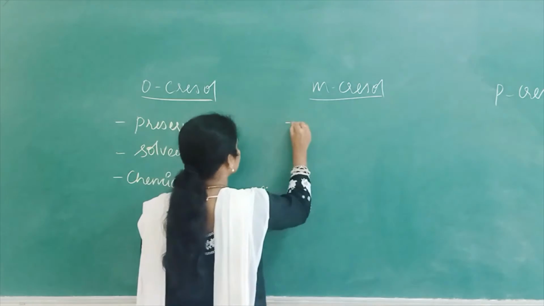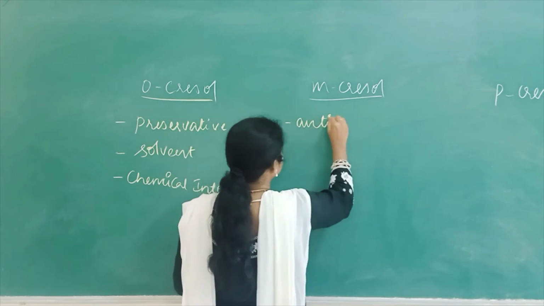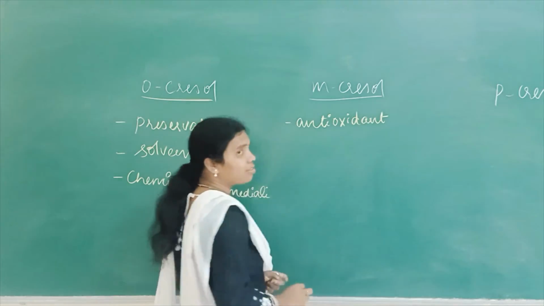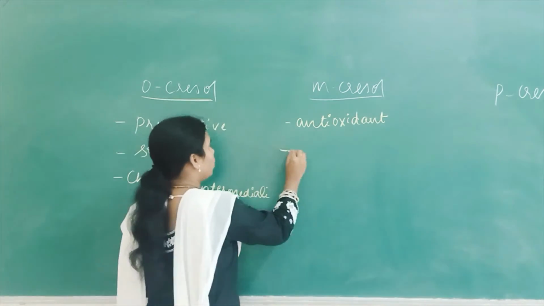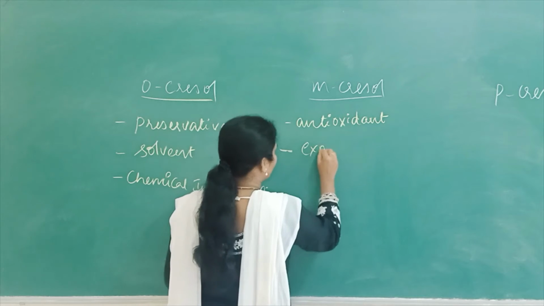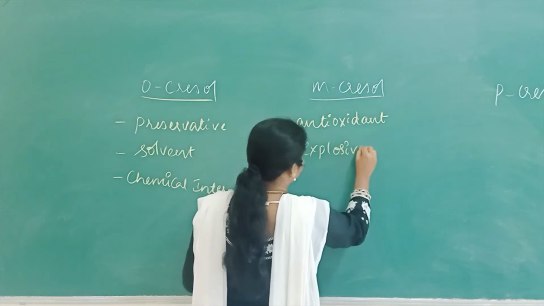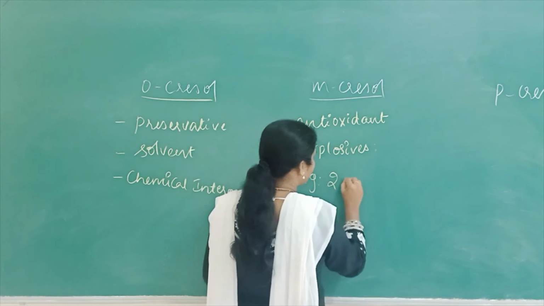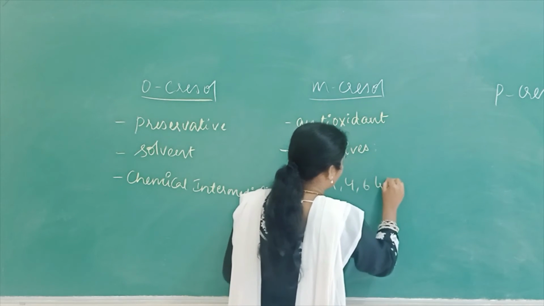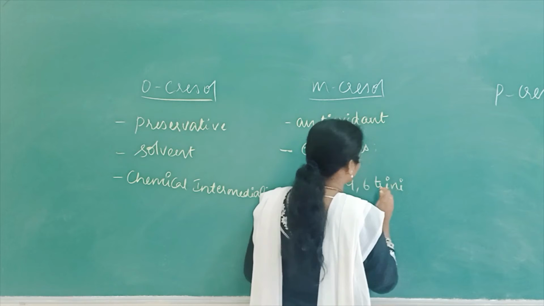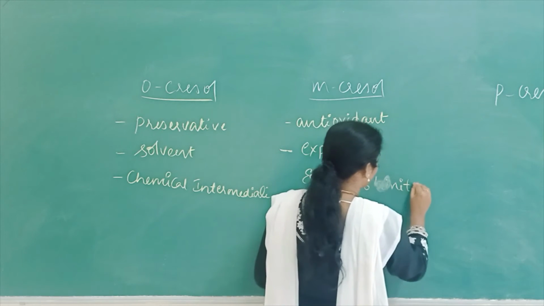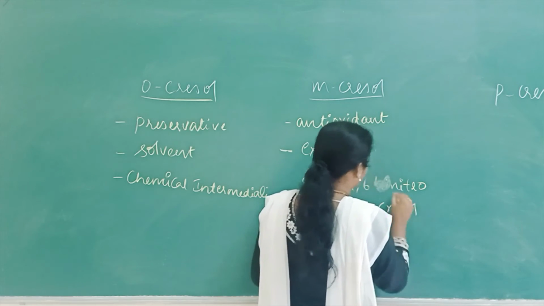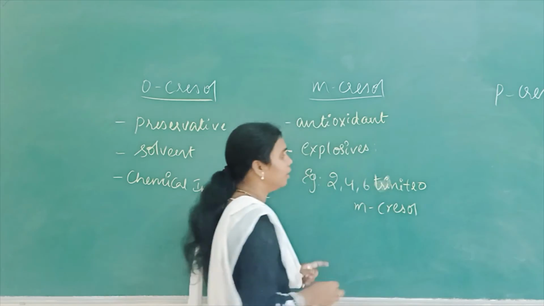The first use is as an antioxidant in various formulations, and it is also used to produce some explosives, for example 2,4,6-nitro metacresol, that is 5-nitro metacresol.